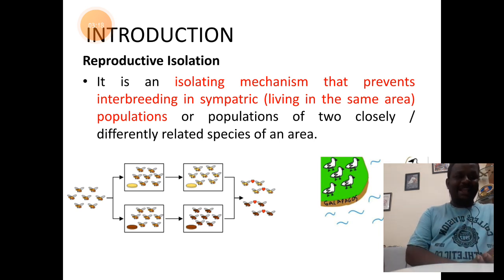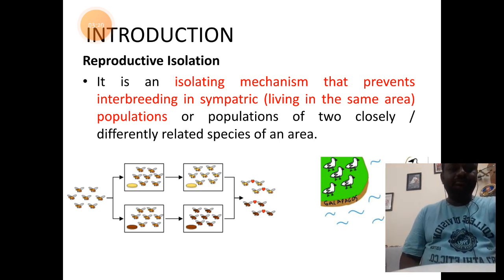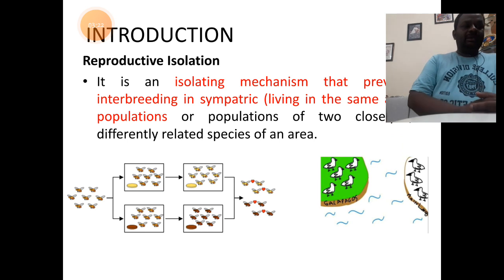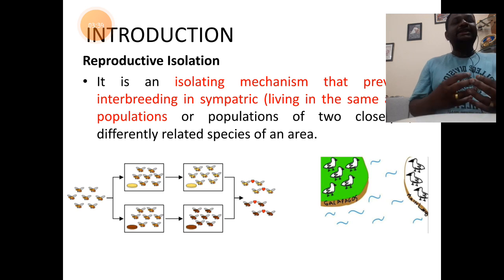So down in this slide, we find an original population getting divided into two groups of individuals, and these two groups do not mate. They are isolated and form entirely two different species.